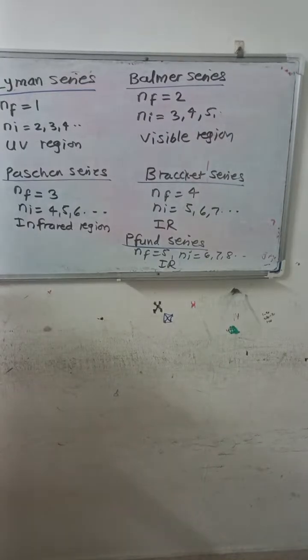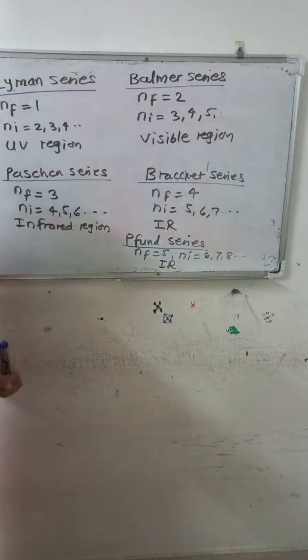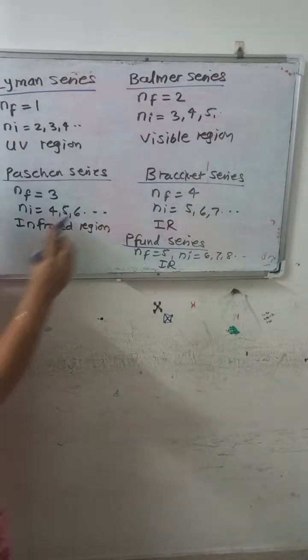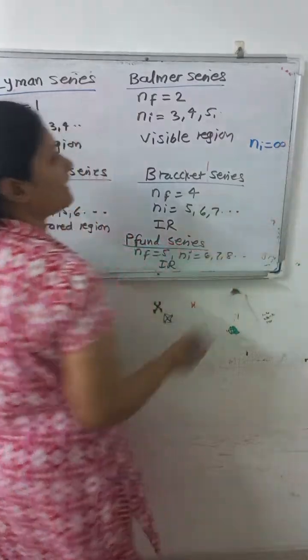Are you getting this? Whenever they are asking for the shortest wavelength, remember what I am saying, in that case you have to take n initial as infinite.